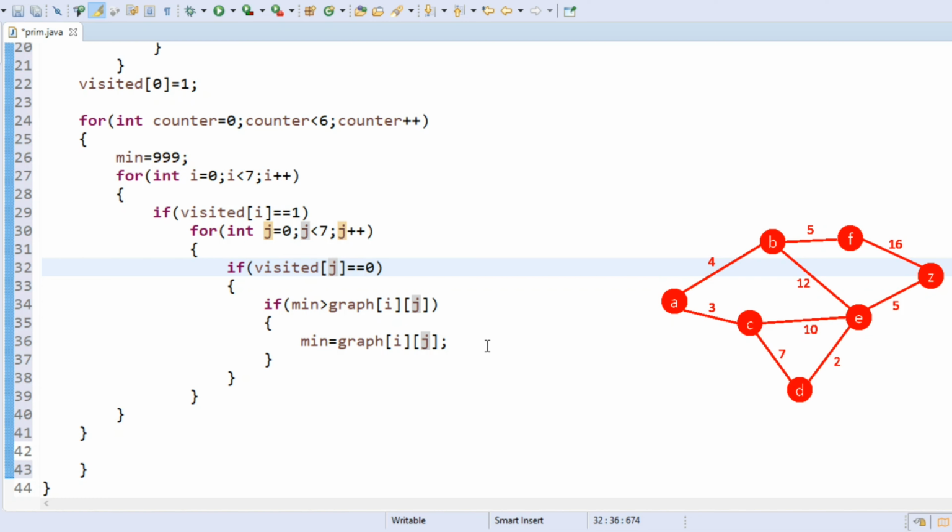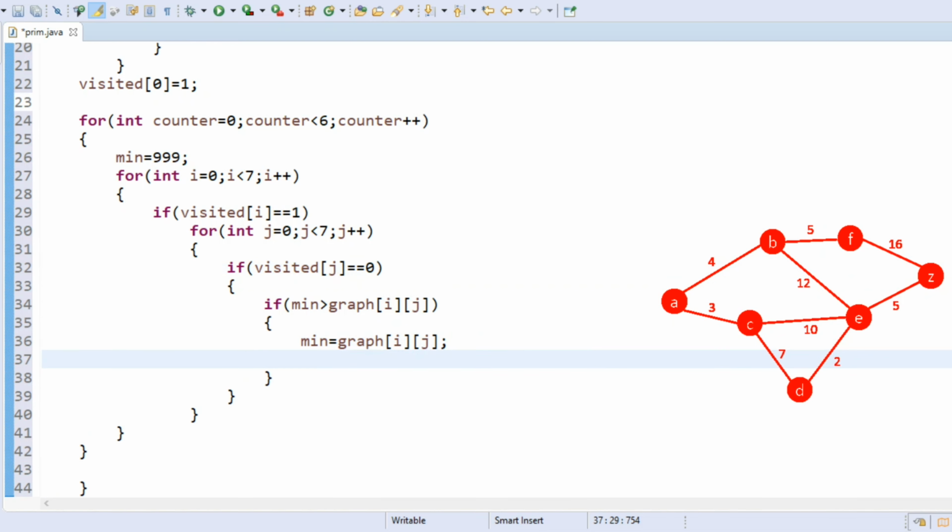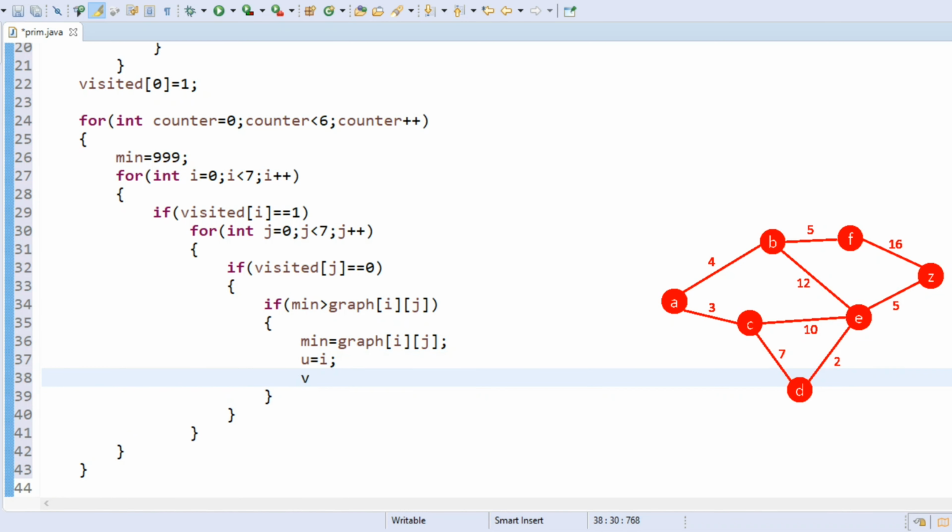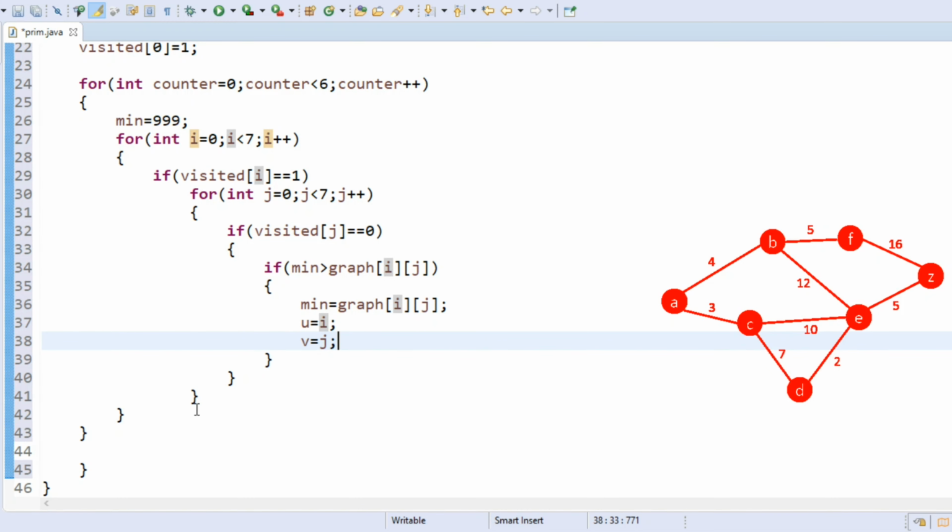After that we are going to take the u value is equals to i and the v value is equals to j. So u is the source vertex. I already said i represents the source vertex and j shows the destination vertex. So I represented u equals to i and v equals to j. So in this way we can find which is the minimum edge in the given graph.